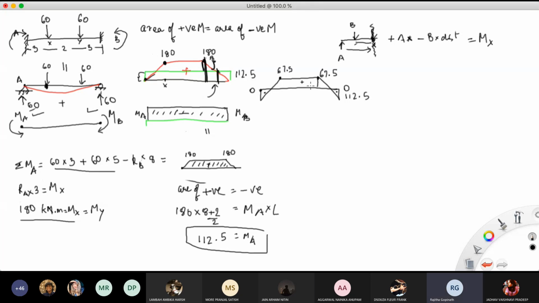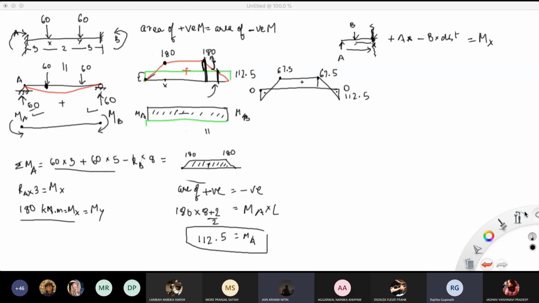Ambika, Fleur. Yeah. Rajita, I had a doubt. Yes, ask. In this case, the beam and loads were symmetrical, so that's why we got the reaction forces. But if the beam is not symmetrical, then we'll have to calculate that, right?